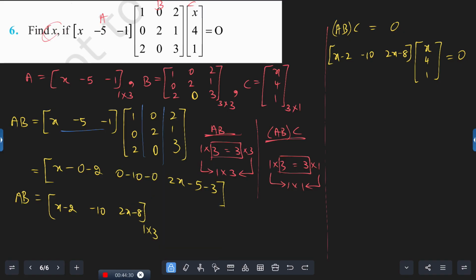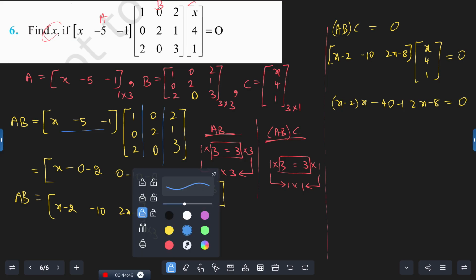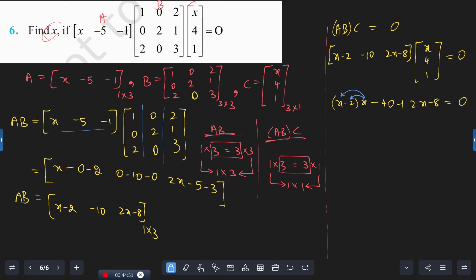First element with first element: x minus 2 into x. Second element with the second element: minus 10 into 4, minus 40. Third element with the third element: plus 2x minus 8, is equal to 0. Now take the x, multiply inside carefully.